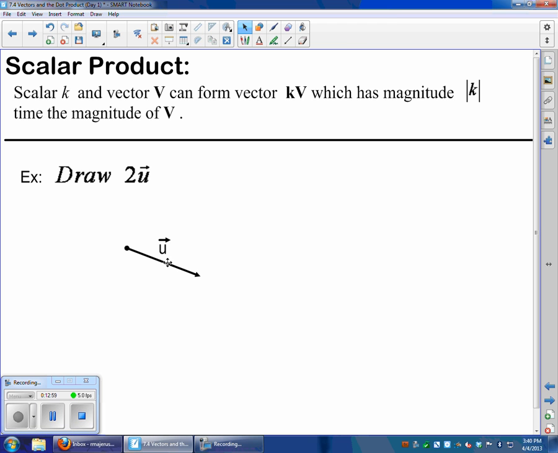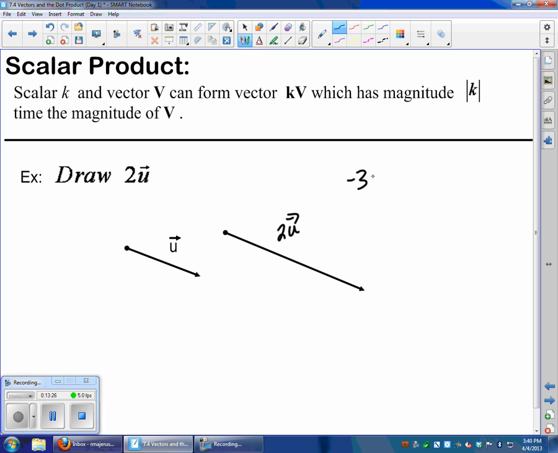So if we grab one of these vectors here, let me just clone this. All 2u would be the same vector as u, same direction, twice as long. So this would be 2 vector u, or a scalar of 2 on vector u. About twice as long is how you draw them out. It doubles the force. Now these scalars can be negative as well.